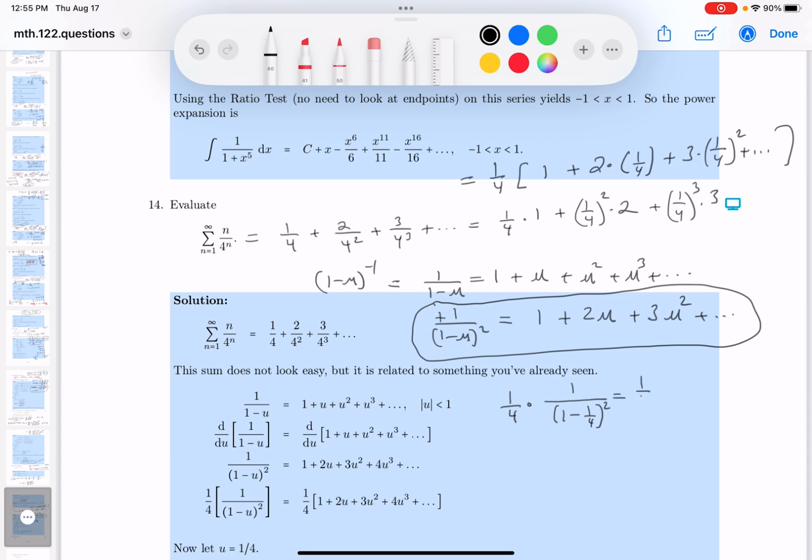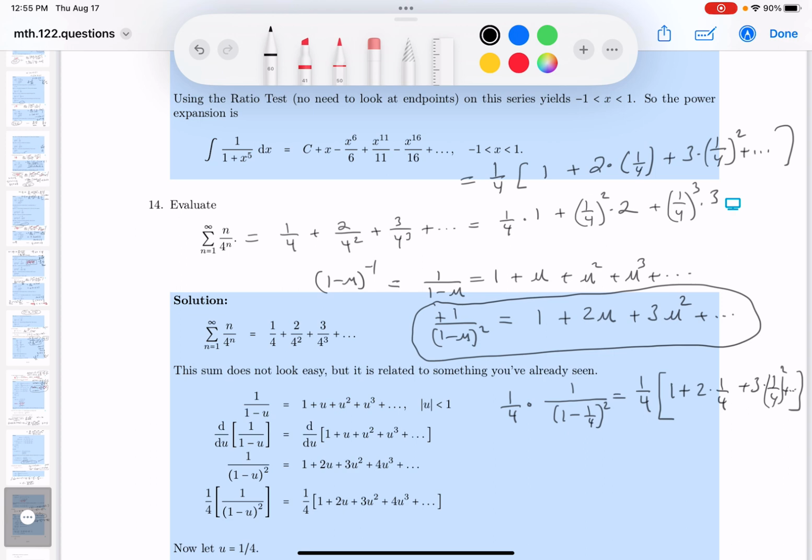So I'm going to multiply the right side and left side by 1/4, and I'm letting u be 1/4. Let's see if we got it. And am I getting what I want? I do. I get everything I want.